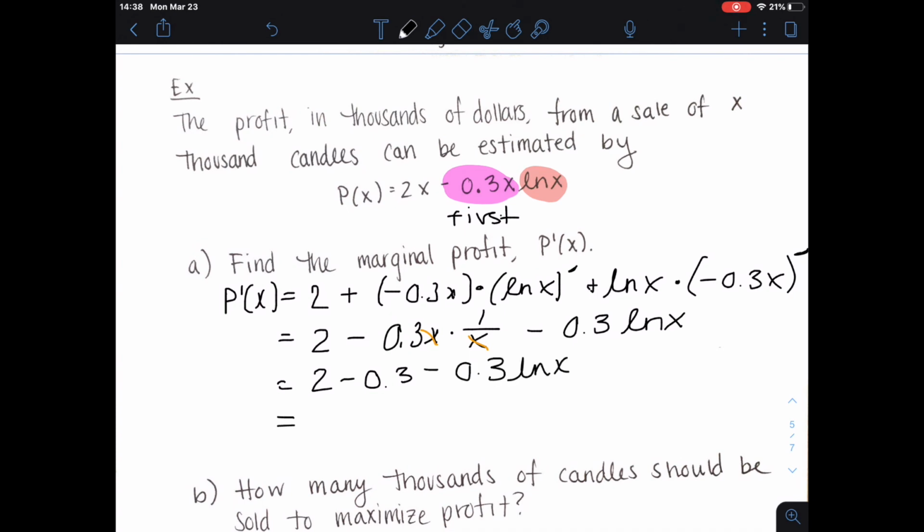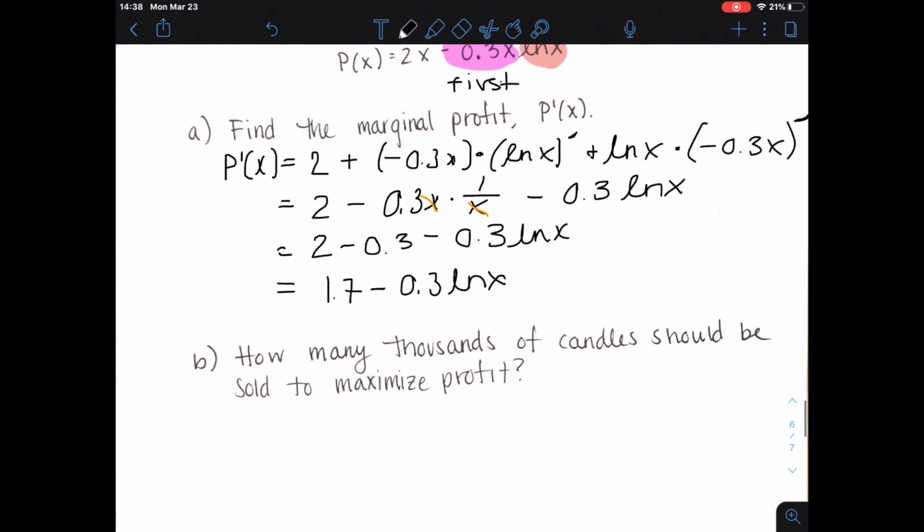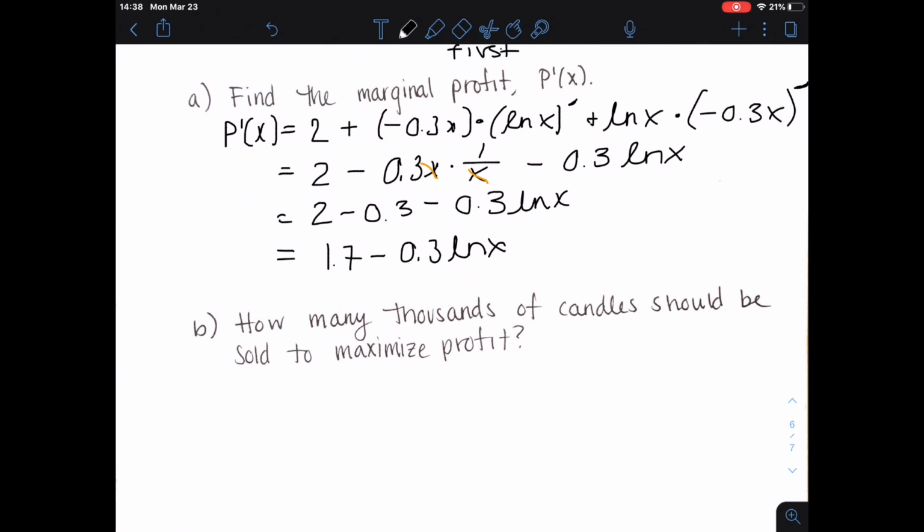So we can simplify a tiny bit. The marginal profit is 1.7 minus 0.3 natural log of x. So the second part we want to answer is how many thousands of candles should this company sell to maximize their profit?